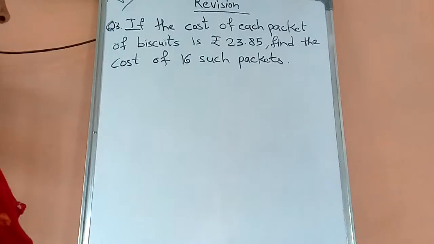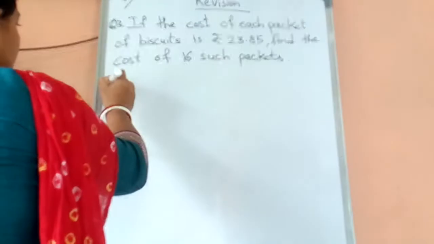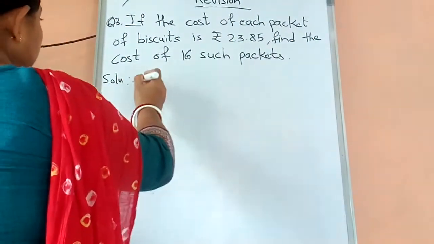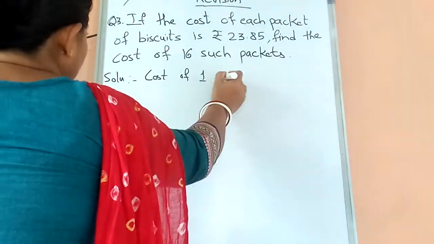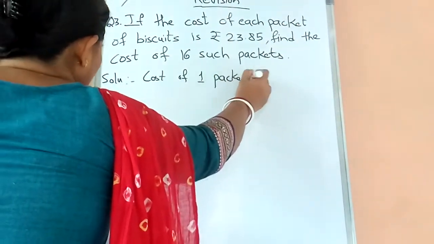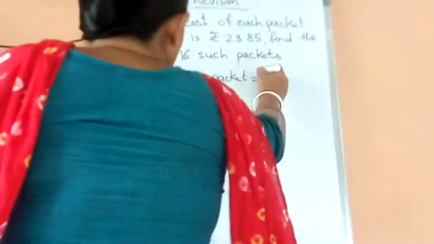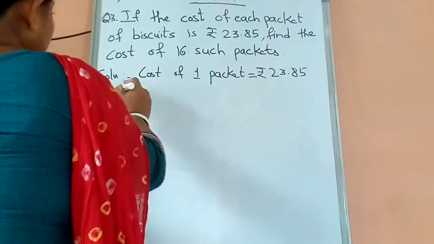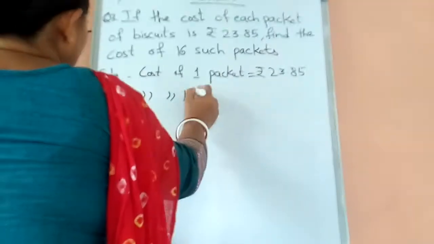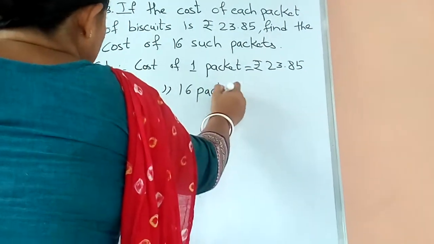So let's write the statement. Cost of one packet, each packet means one packet. It is given rupees 23.85. Therefore, cost of 16 packets.